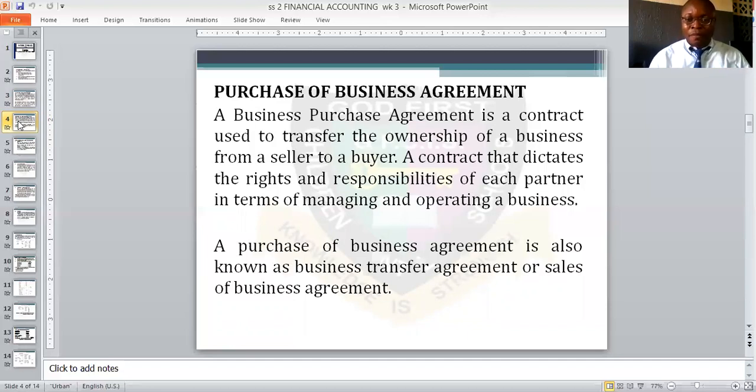This also dictates the rights and responsibilities of each partner in terms of managing and operating a business. This business purchase agreement is also known as a business transfer agreement or sale of business agreement.